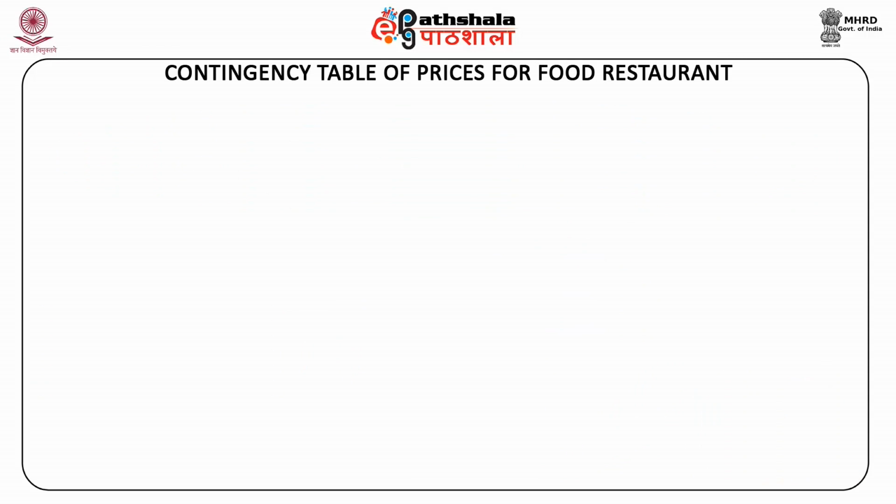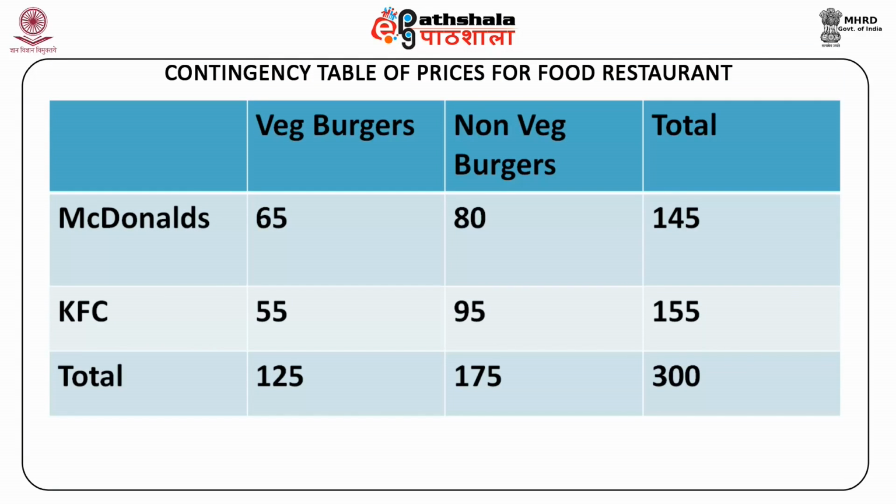The contingency table of the prices of the food restaurant mentioned in the previous example is shown in the table. The number of veg burgers in McDonald's is 65 and in KFC is 55, totaling 120. Similarly, the number of non-veg burgers in McDonald's is 80 and that in KFC is 95, totaling 175.